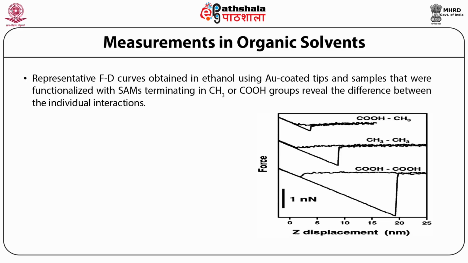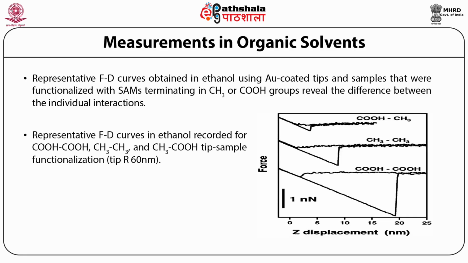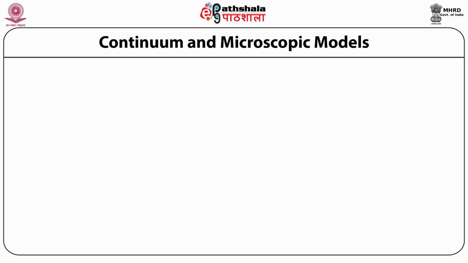Here this graph has been given for various compounds like oxalic acid and then ethane and acetic acid, etc. Representative FD curves in ethanol recorded for oxalic acid, ethane and acetic acid tip sample functionalization has been given. Tip radius is 16 nanometers in such a case.